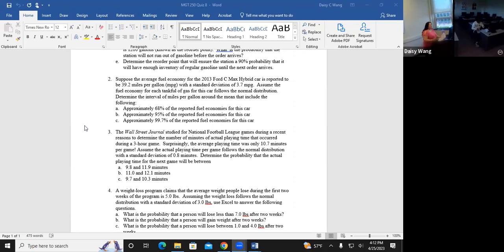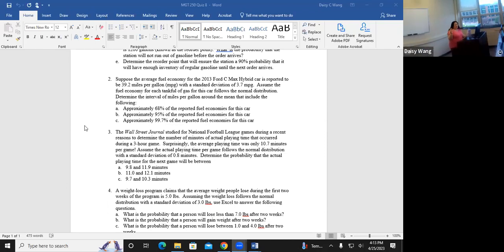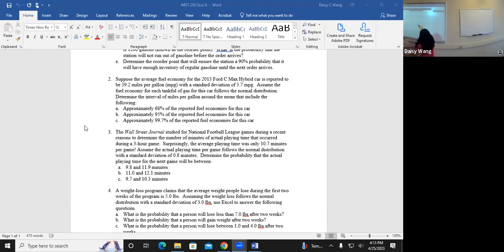Assuming the gas mileage follows the normal distribution, what would be the confidence interval? When we want it to be 68% accurate, we know 68% corresponds to a z of 1, right?